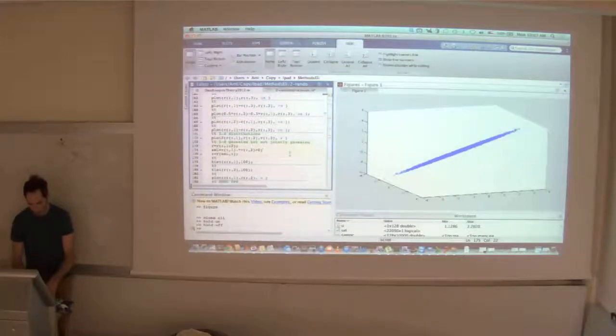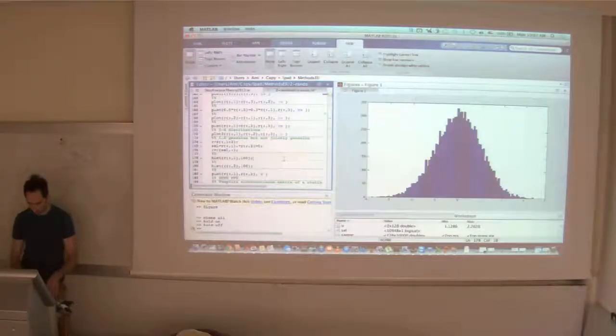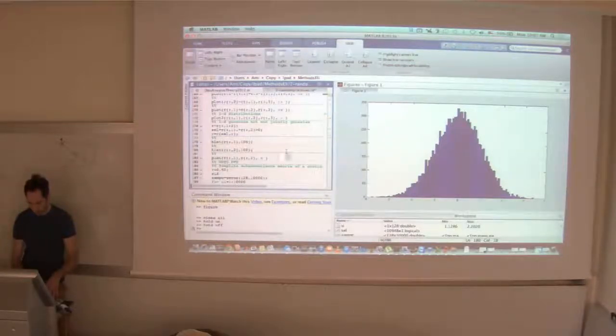Now, let's see another example where the first dimension is still Gaussian, but it's not going to be jointly Gaussian. So I'm still handling the two vectors that I just created, which I remind you are random. So this is the histogram of one of the points, and this is the histogram of the second point.